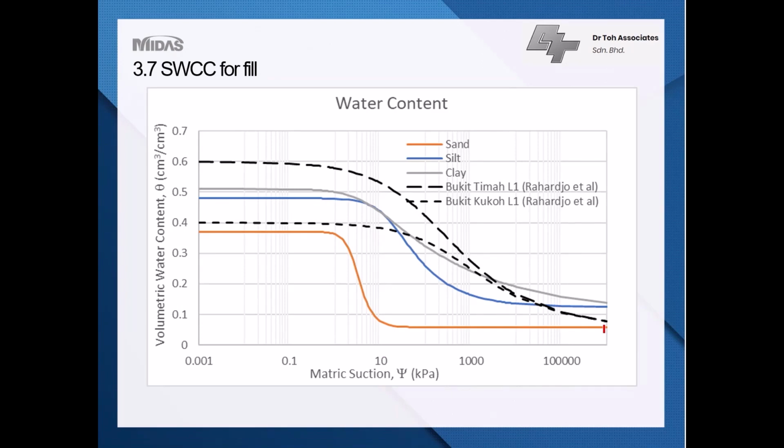And this is the soil water characteristic curve in our modeling. To model the unsaturated flow, you need this information, to model the flow of the leakage from the swimming pool to the RC wall. The fill material is mainly silty, which is represented by the blue lines in this figure.